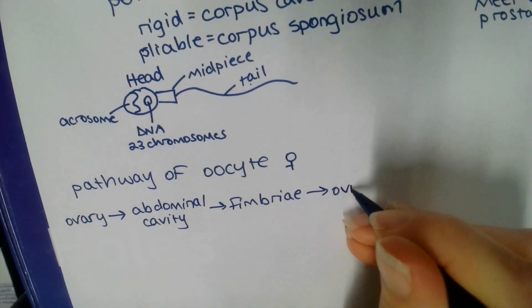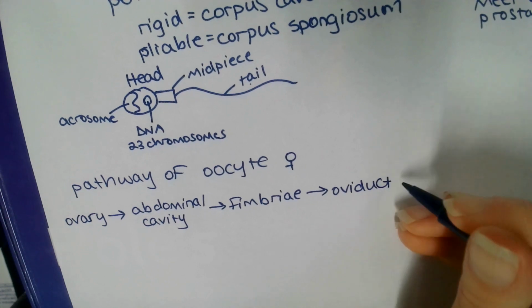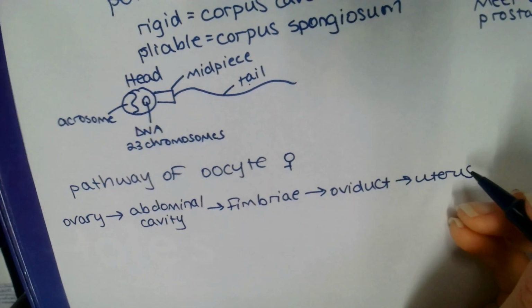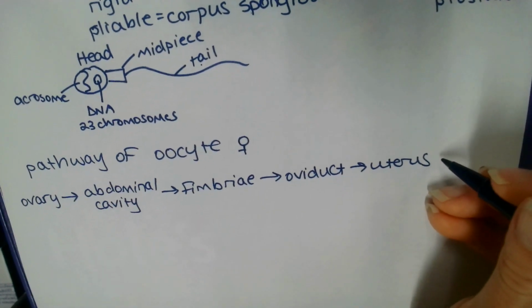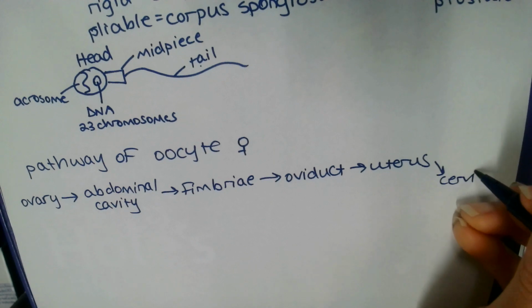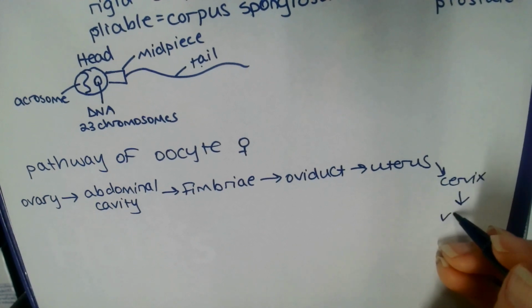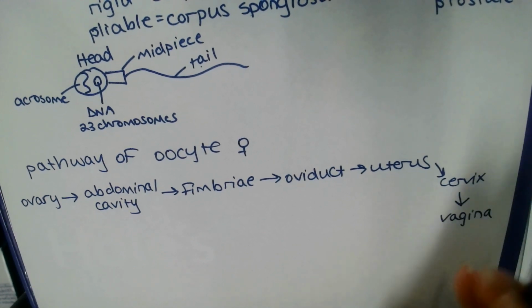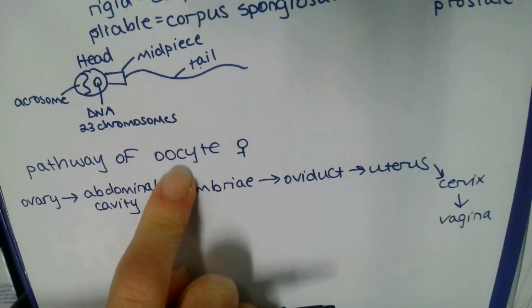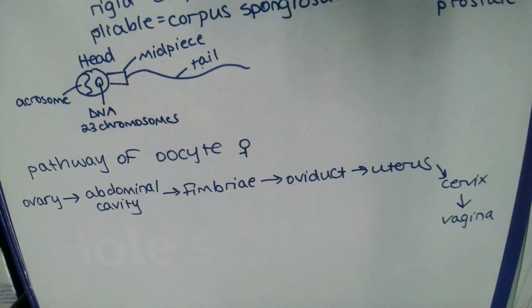Then into the oviduct, also called the fallopian tube. Then the uterus. And if it is shed, then technically through the cervix and then vagina. How long does an unfertilized oocyte live? 12 to 24 hours. Yeah, no more than 24 hours, so not very long.